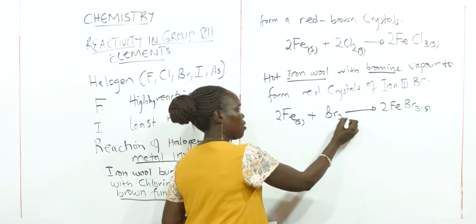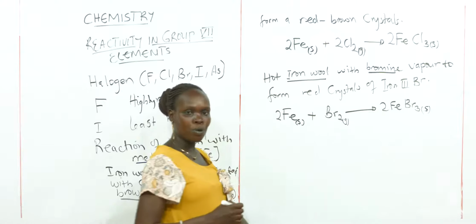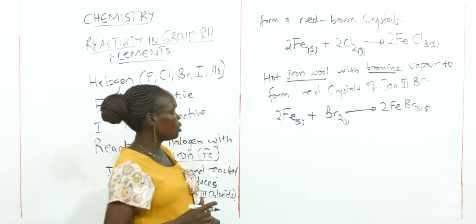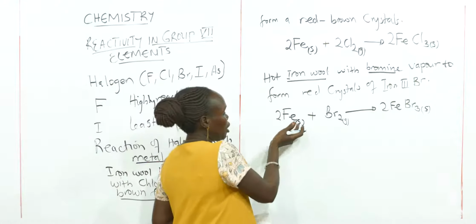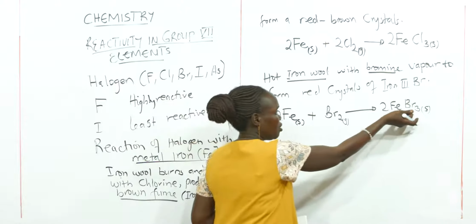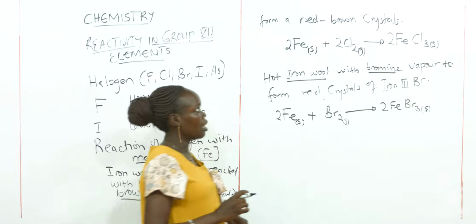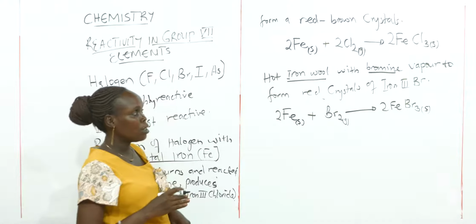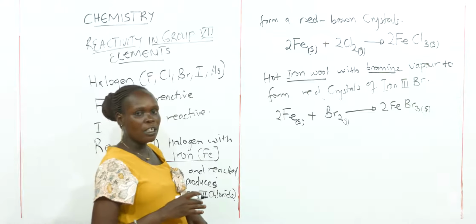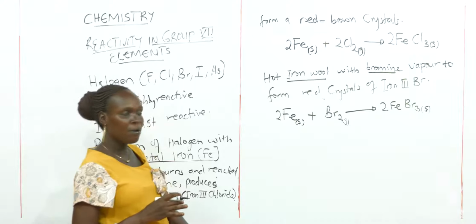Here we have a gas of bromine. So iron with bromine will give us iron 3 bromide, which is crystal form, and the crystal is red in color, while the crystal of iron 3 chloride is red brown in color.